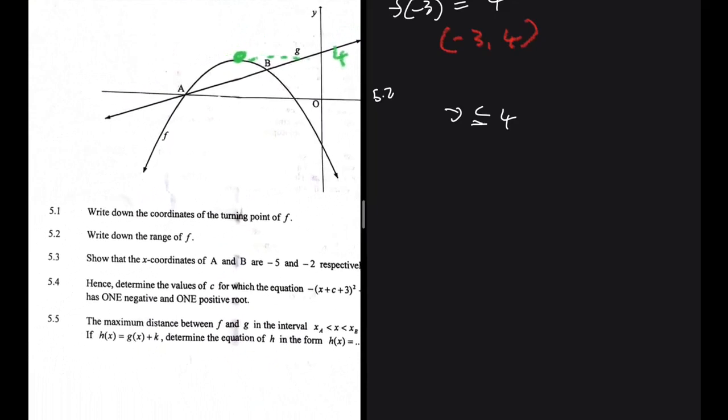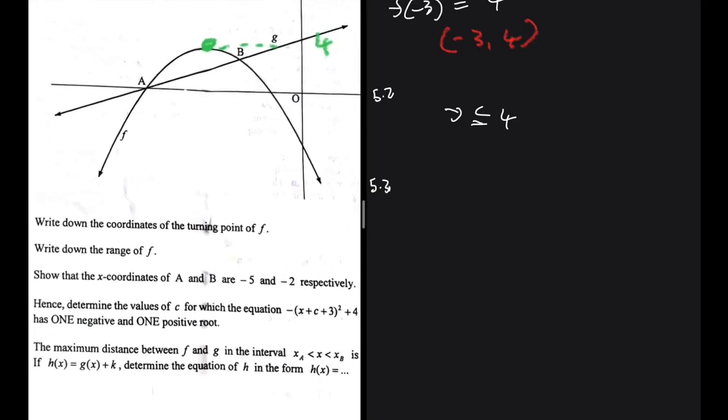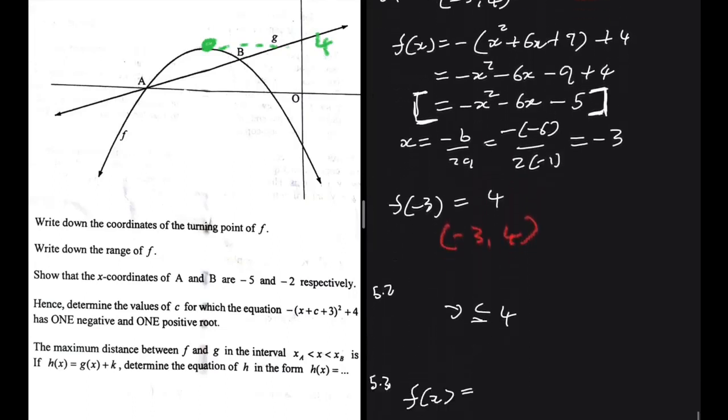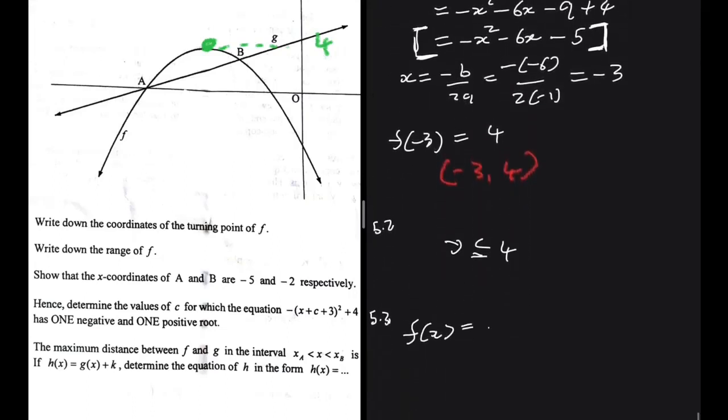And then 5.3, this is where things start to get interesting. Show that the x coordinates of a and b are minus 5 and minus 2. So we say that f of x is equals to, so we have our function here, minus x squared minus 6x minus 5, right?